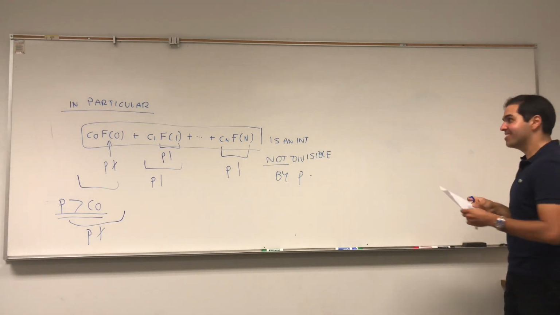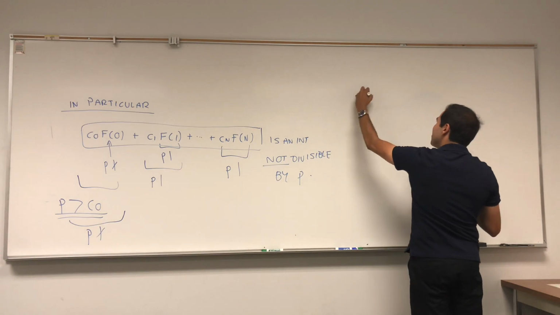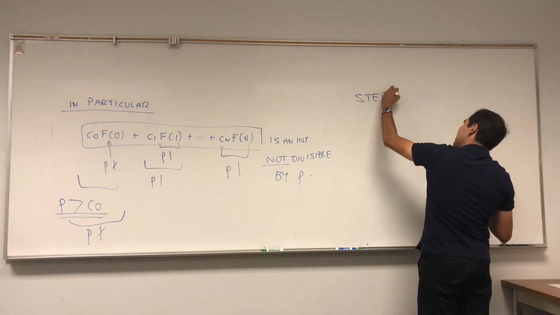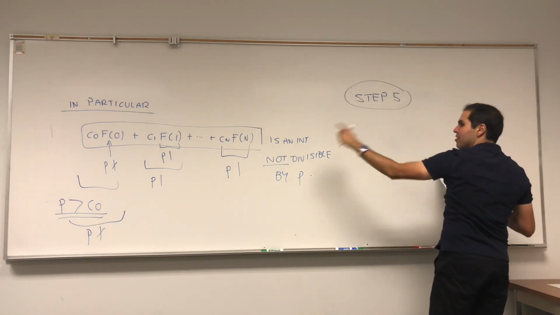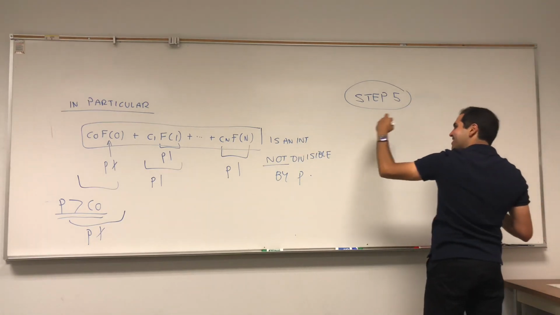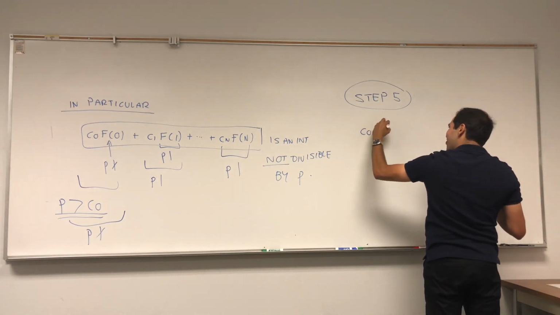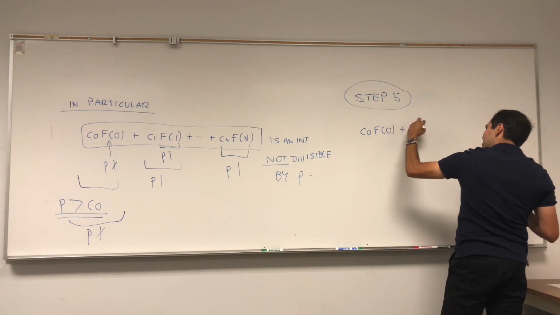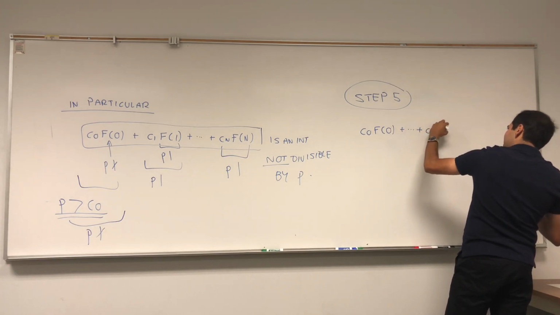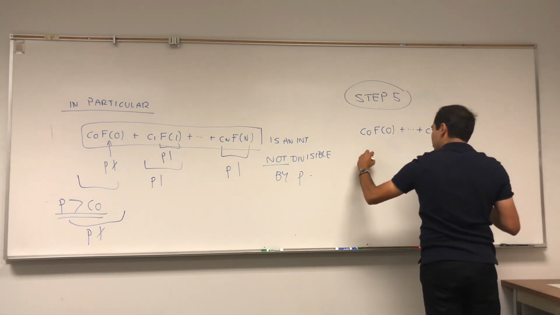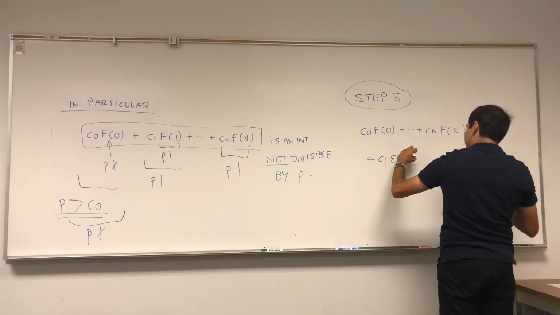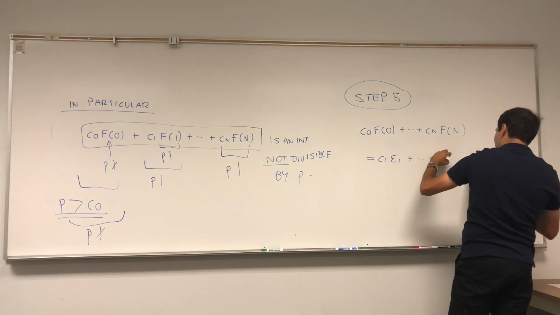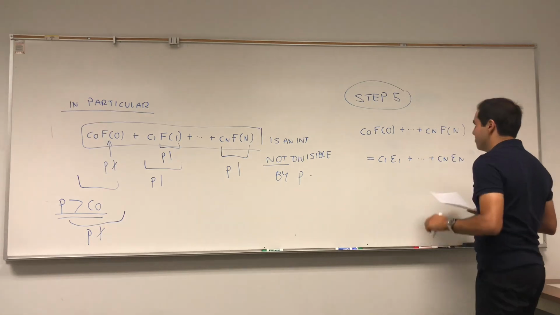Okay, and we're almost at the crux of the proof. Why did we care about this? Because remember, a long, long time ago in a galaxy far, far away, we showed that this quantity equals c1 epsilon 1 plus dot dot dot plus cn epsilon n.